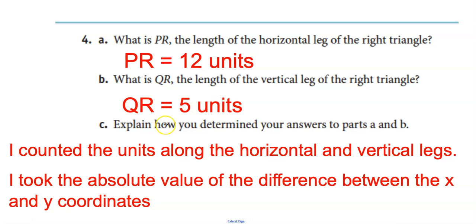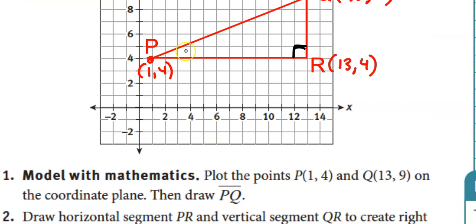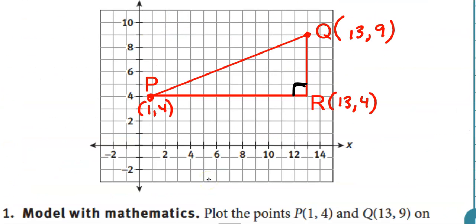And then it said, well, how did you figure that out? One way you could have said is, I just counted the units. So for example, I could go 1, 2, 3, 4, 5, 6, 7, 8, 9, 10, 11, 12. You can count. Or you could say you took the absolute value of the difference between the X coordinates.